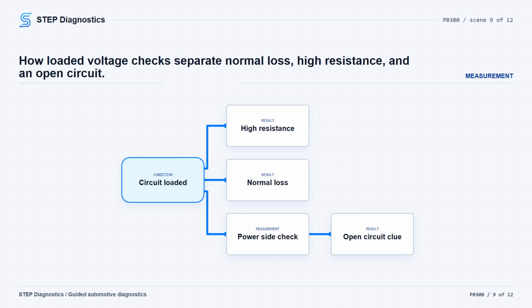In a voltage in, voltage out style check, the power side should be within 0.5 volts of battery voltage, and the ground side should be greater than 0 volts but less than 0.5 volts. A reading of 0 volts or source voltage in that test indicates an open circuit.